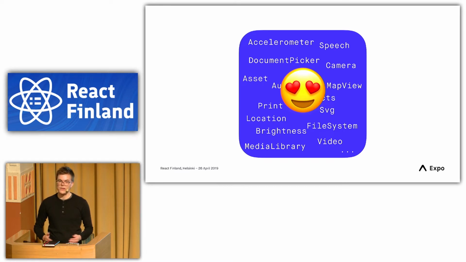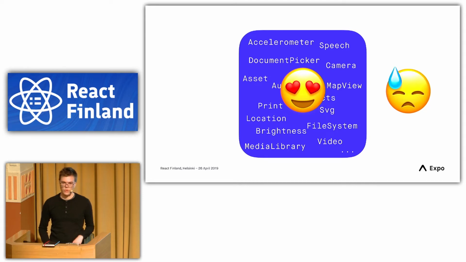But there are still some cases when you need a library, a native library that's not included in Expo. And so far, the answer to that was you need to eject. And then you're basically back to doing the Xcode stuff and doing everything I talked about before.